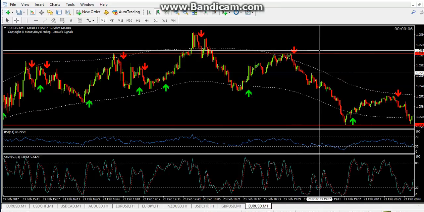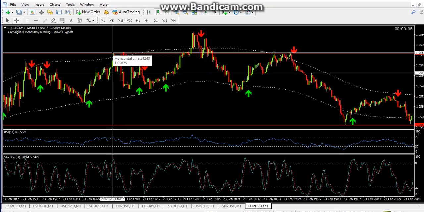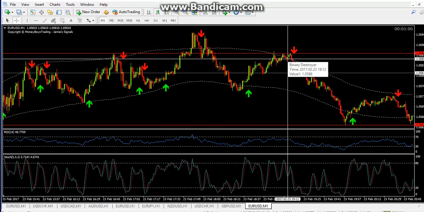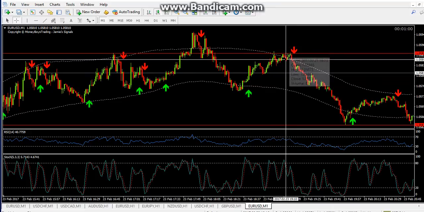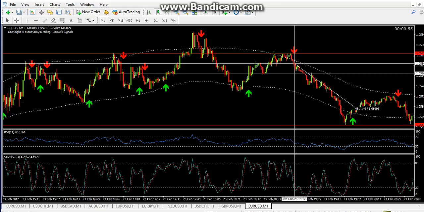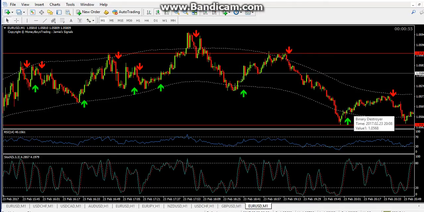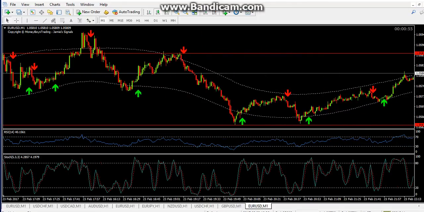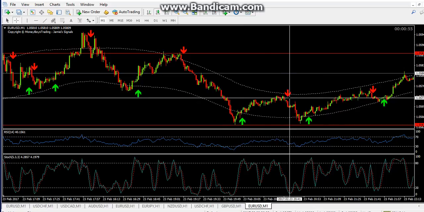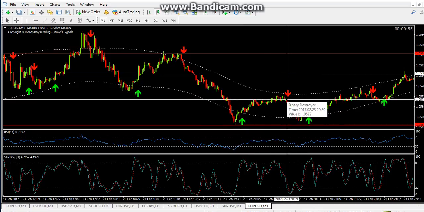This support line that I've just drawn is being supported there, supported around here, and again pushed here and supported there. I trade this indicator every day, so I know how it works, and I know that would be a nice signal. And again, here you see the pullback, and you would have been in this trade.